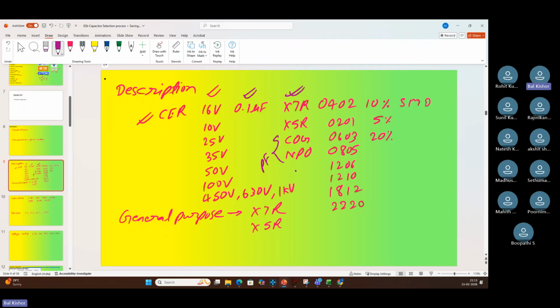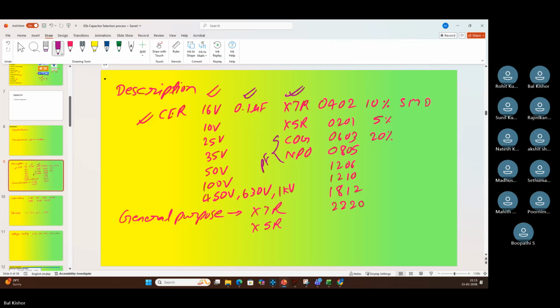For filter capacitors and the like, you can go ahead with C0G and NP0, but they will be lower values, not in microfarads. One more thing, these compositions are not limited to this only. You have a lot of other compositions also, so don't worry about that.